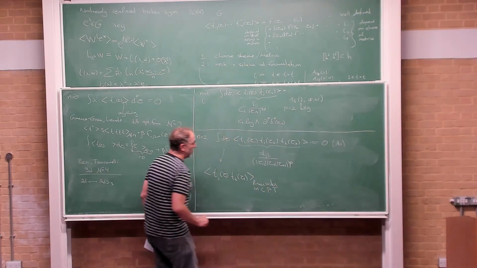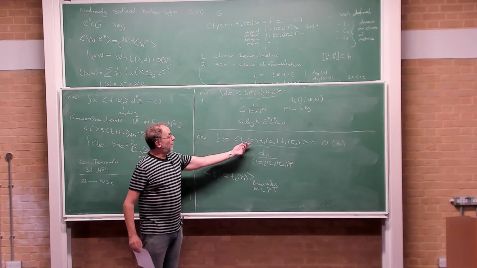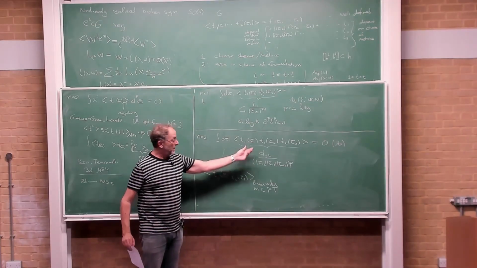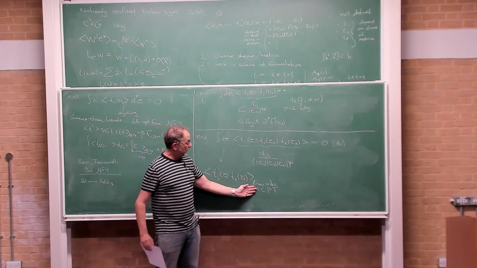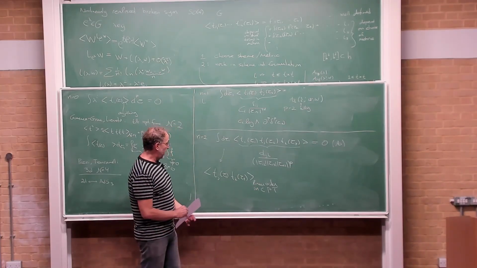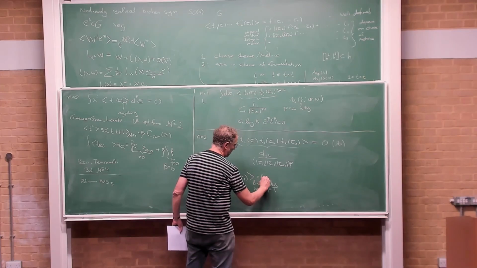So if I start with a trivial defect and calculate this, I deform my defect with t_i that are marginal operators, I will get this thing at linear order. And this thing better be finite.